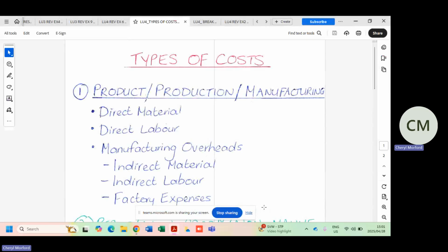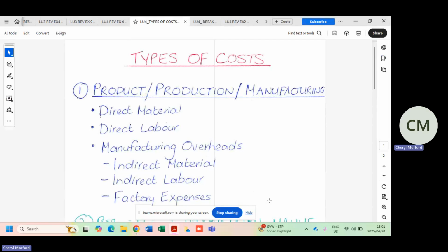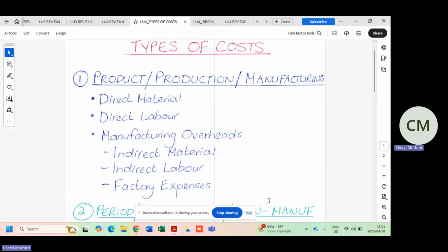Right, here we go. So learning unit 4 starts off by explaining the different classes or categories of costs that can be experienced if a business is manufacturing. So I've decided to consolidate this and combine everything together right from the get-go to avoid any confusion, because the book is a little bit all over the place on this one.